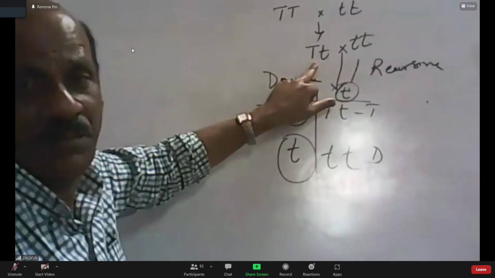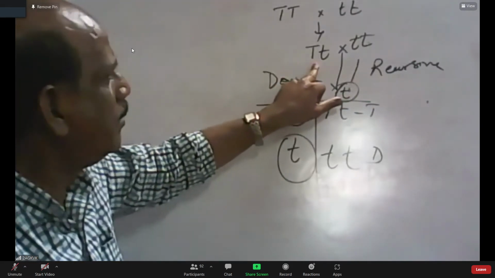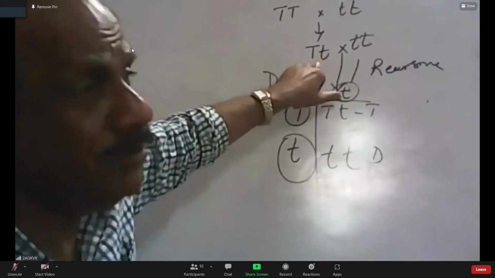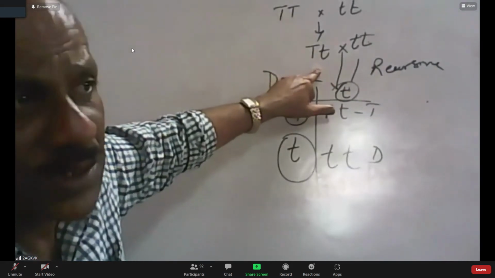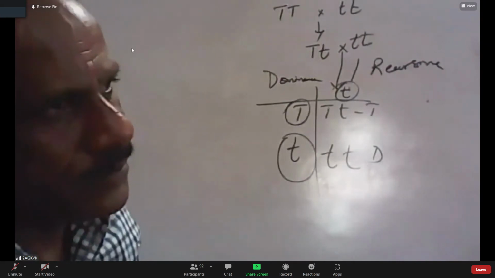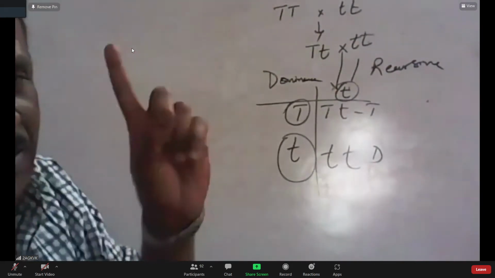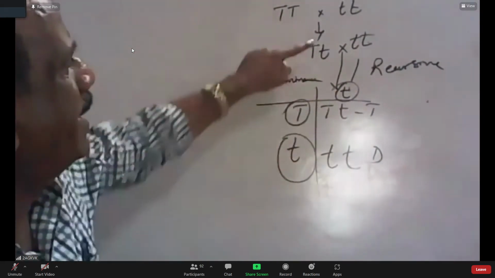This is a monohybrid. What exactly do we mean by monohybrid? An individual that is heterozygous for one locus is a monohybrid. Mono, single. Hybrid, heterozygous.